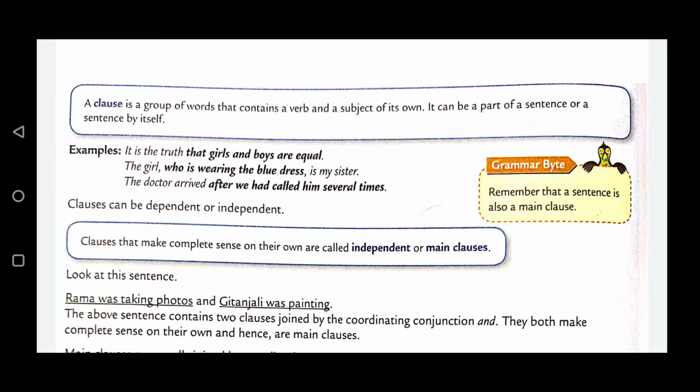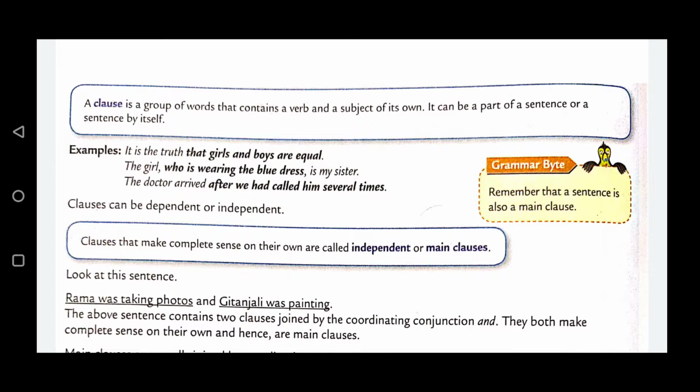Examples: It is the truth that girls and boys are equal. You can see the highlighted part over here. The highlighted parts are all clauses. The girl who is wearing the blue dress is my sister. The doctor arrived after we had called him several times.